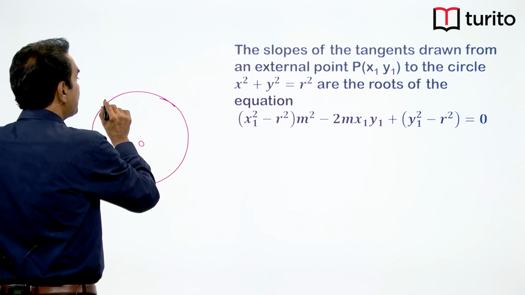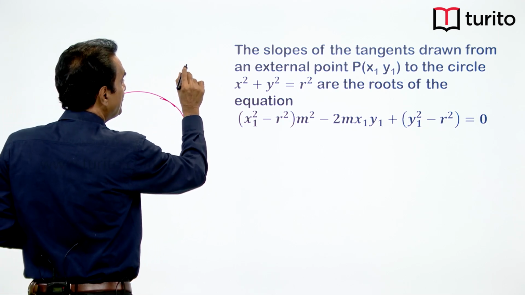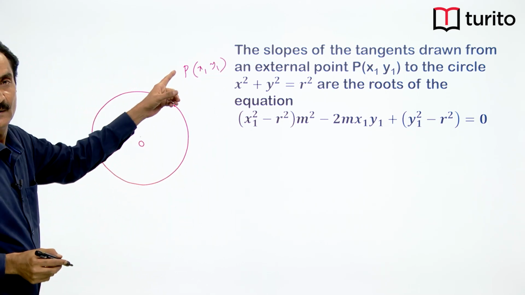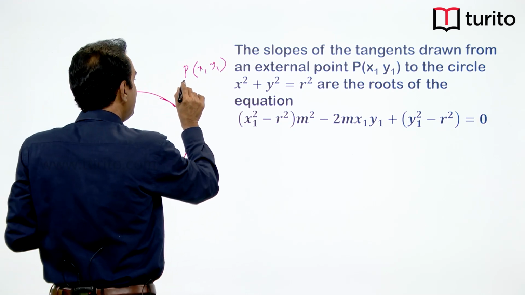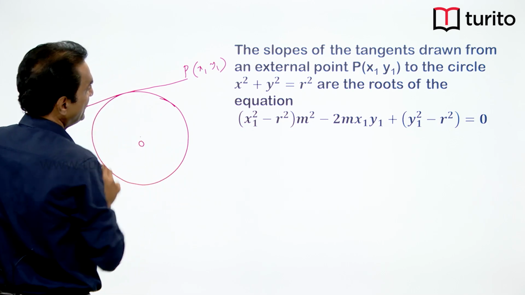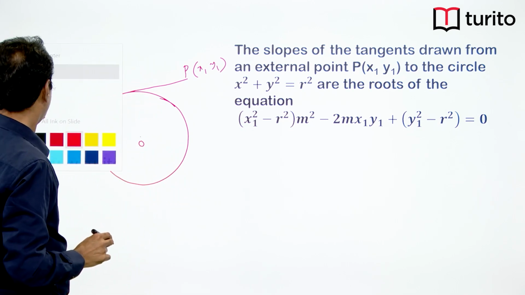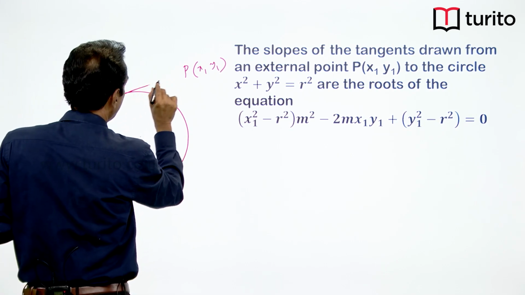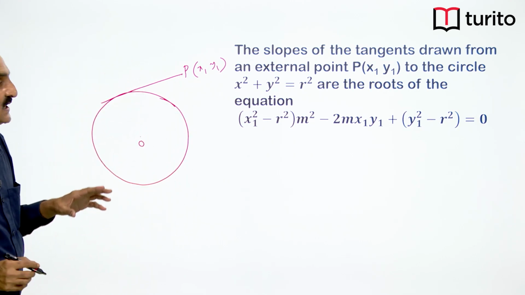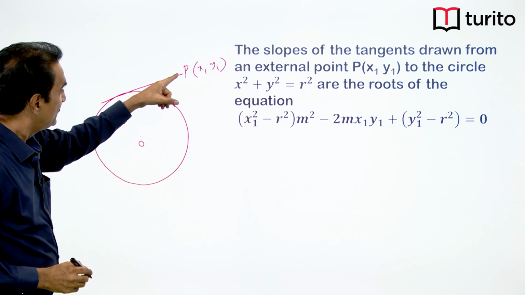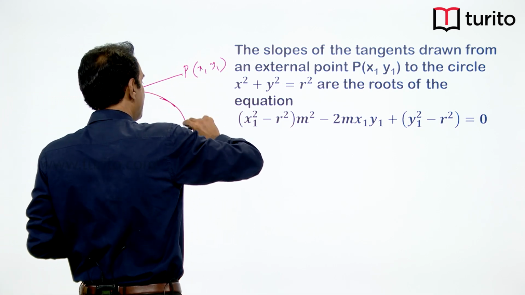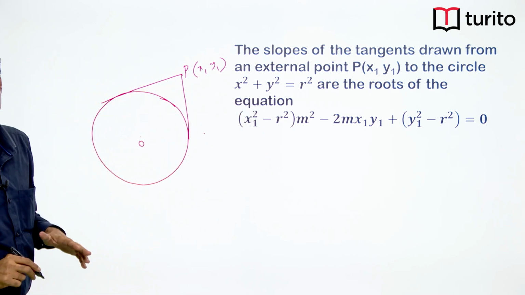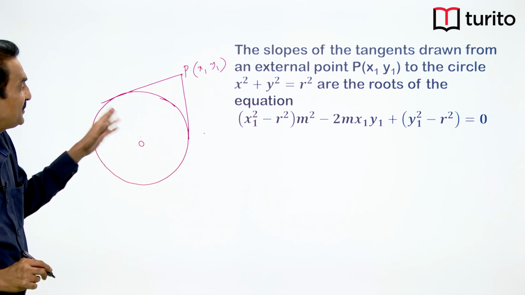Now, suppose there is a point P x1 comma y1. From P, if you draw a tangent line, similarly another tangent line this side, two tangents can be drawn from an external point P x1 y1 to a circle.